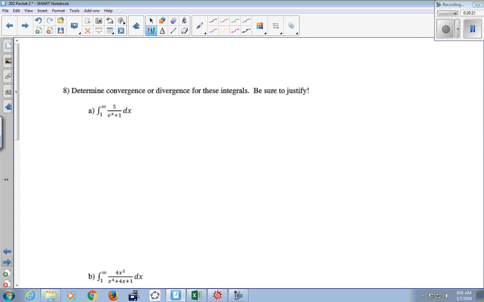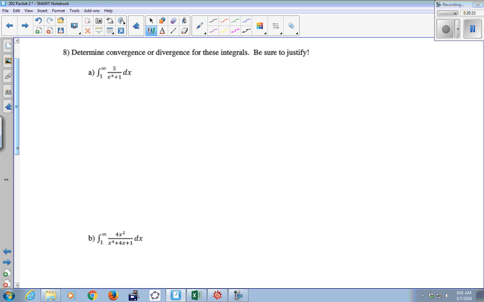All right, so let's do a few examples together where I'm just giving you random integrals. I want to determine convergence or divergence without having to do out all the work of getting the integral. So the first thing I'm going to do here is pull the 5 out of this integral. This is 5 times the integral from 1 to infinity of 1 over e to the x plus 1 dx.